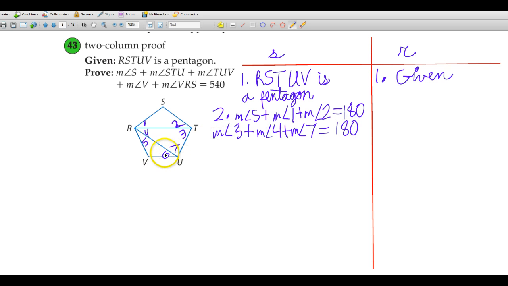And the measure of angle 6 plus V plus 5 is 180.